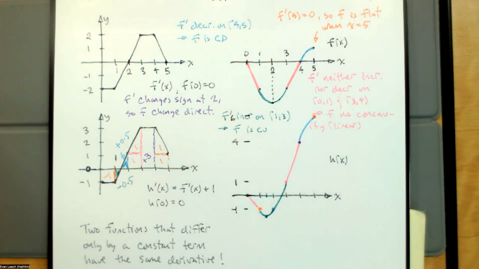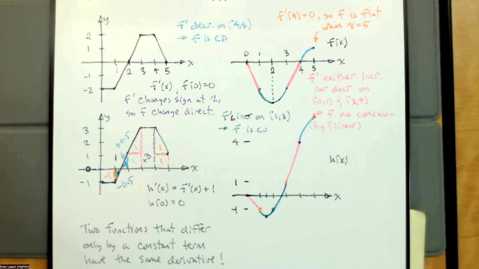Why not? There's a simpler explanation for why h is not flat at 5. We talked about why f had to be flat at 5. Why is h not flat at 5?